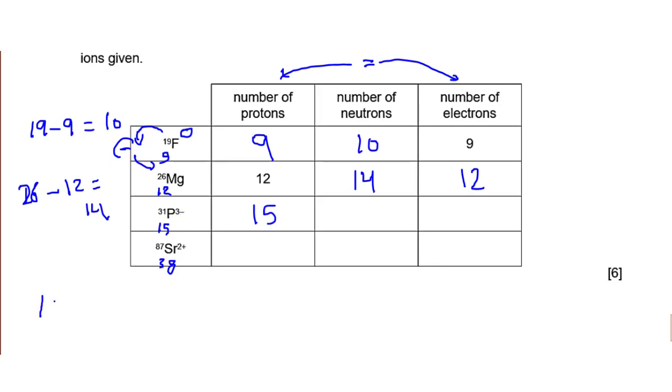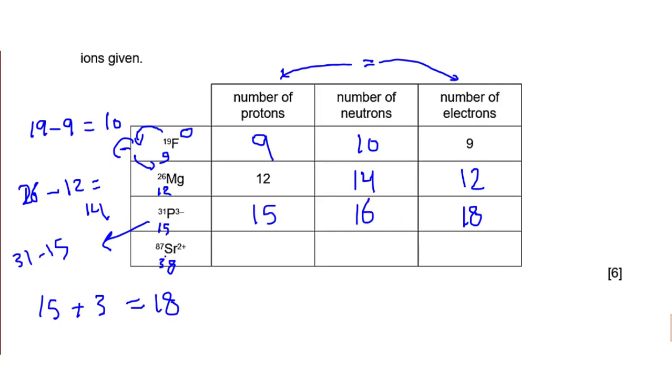So 15 plus 3 extra electrons, so number of electrons is going to be 18. And finally, what about neutrons? The same, we say 31 minus 15, nucleon number minus proton number. So it's going to be 16.